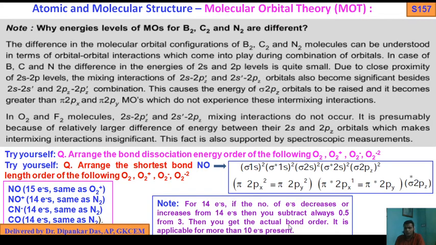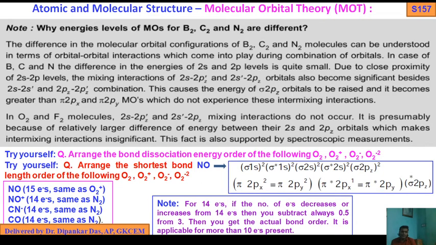Then you get the actual bond order. It is applicable for more than 10 electrons present, that is, from 10 electrons to 14 electrons. 10 means B2, so B2, C2, N2, a 10 to 14 electron system. You get the actual bond order.